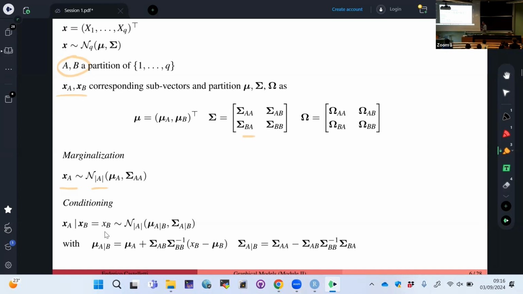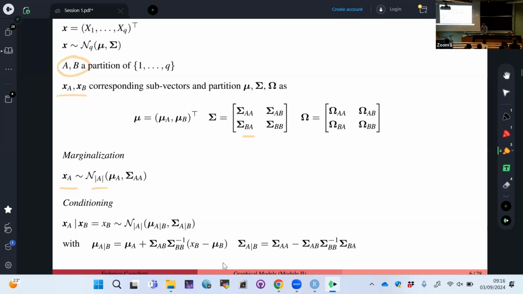The dimension is still the size of set A, and the parameters are what we can call mu_A|B and sigma_A|B, which have the following expressions here. Still they can be expressed as a function of the elements of those 2 parameters that we have above.